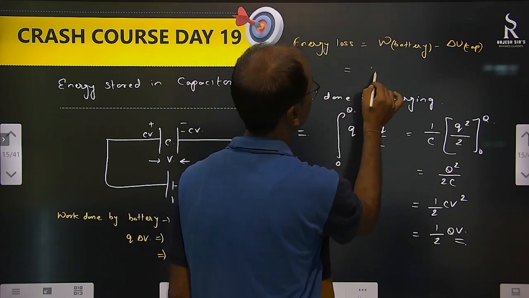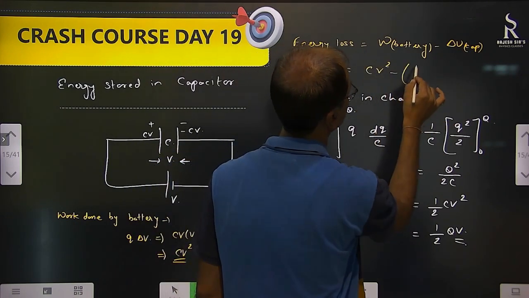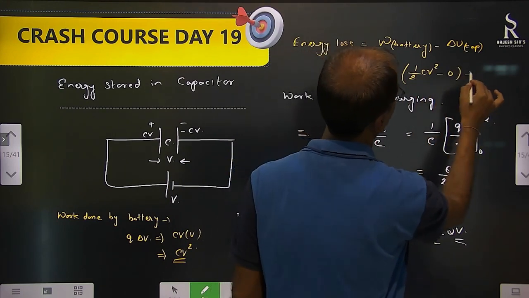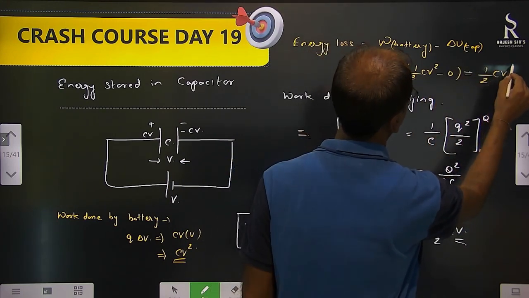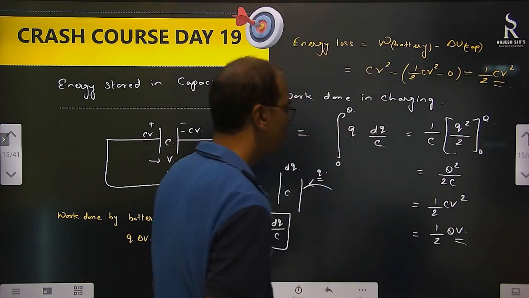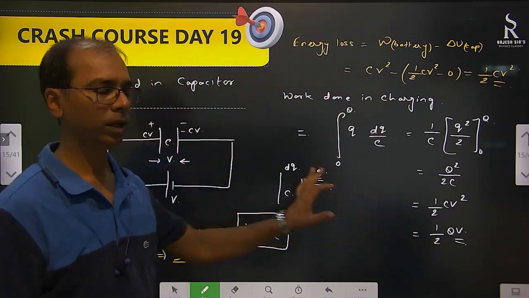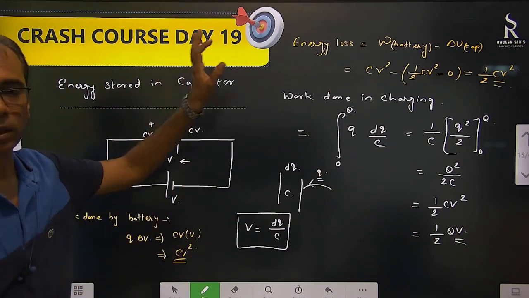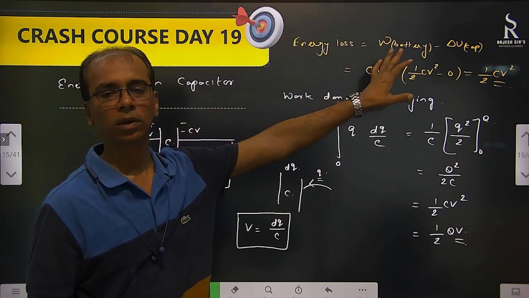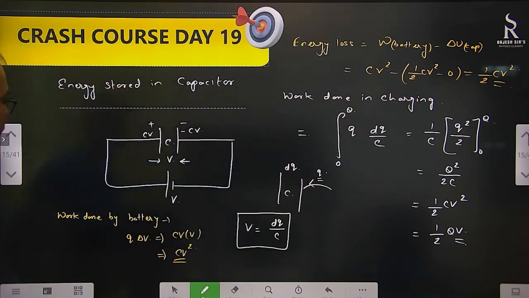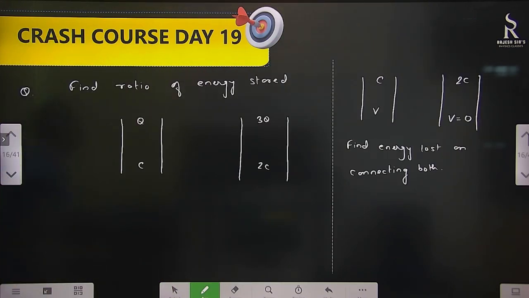So CV square minus half CV square minus 0, that is half CV square. So how much energy is stored? Half CV square. Work done by the battery, CV square. Heat loss or energy loss is work done by the battery minus change in energy in the capacitor. Okay, this is the energy stored in the capacitor.